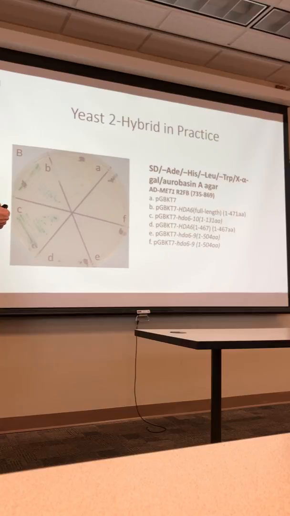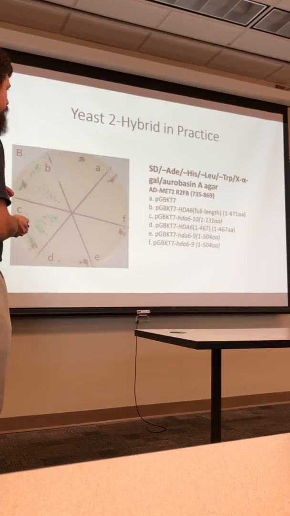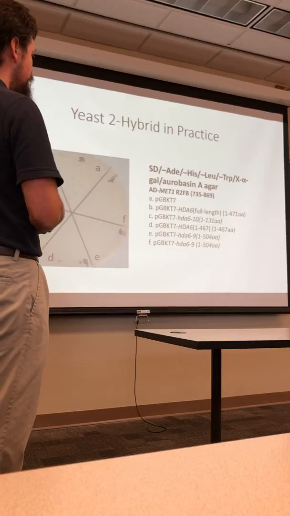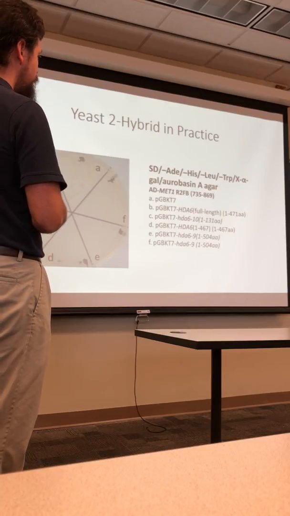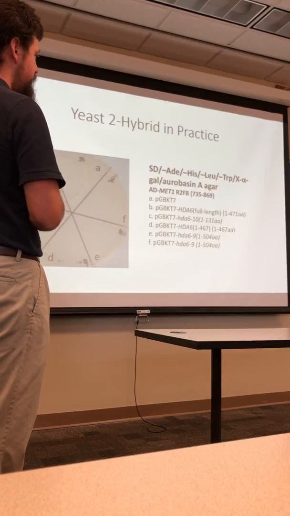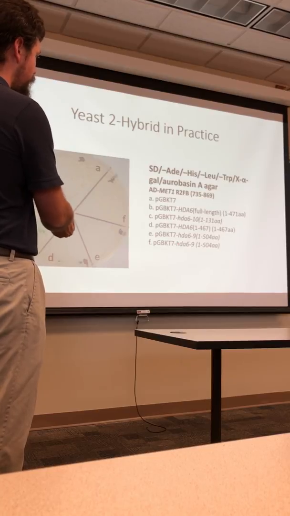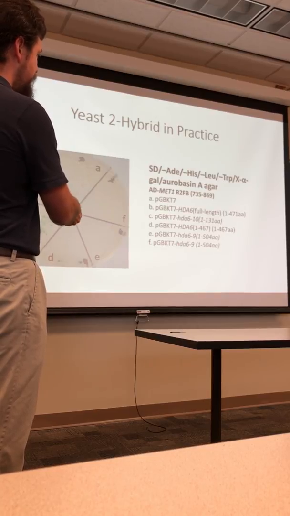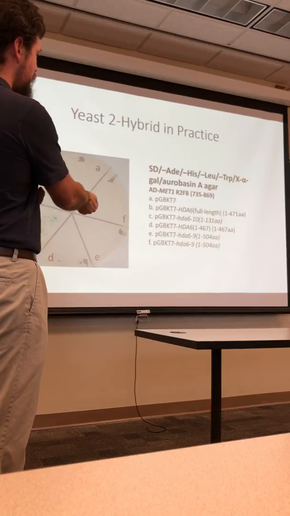But even then, that says from 1 to 471 amino acids? Yeah. But then why is there 1 to 504 in E and F? Those are mutants. This is HDA9, which is different than HDA6, so these are two different proteins. With HDA6, they're looking at full length, and then they're looking at fragments.